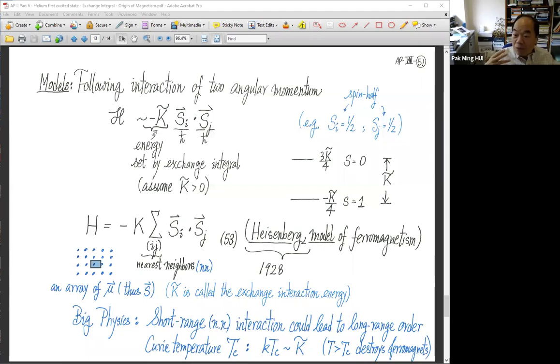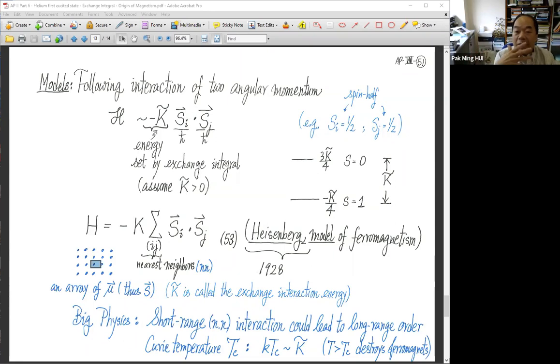But that will be sufficient, if the condition is right, meaning lower temperature, to lead to a long-range ordering. That is to say, in the whole sample, the spins tend to be aligned in the same direction. Now, that is something highly non-trivial. Only local interaction could lead to global ordering.